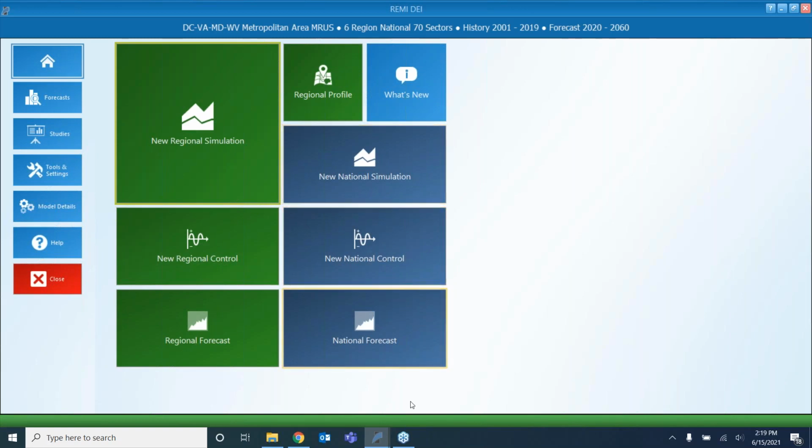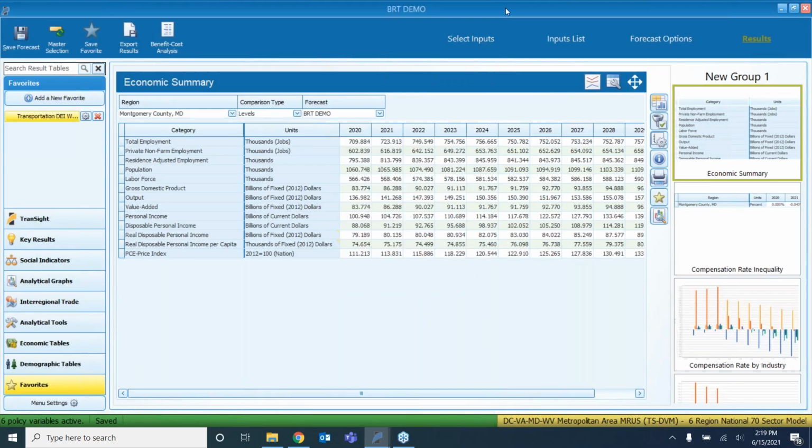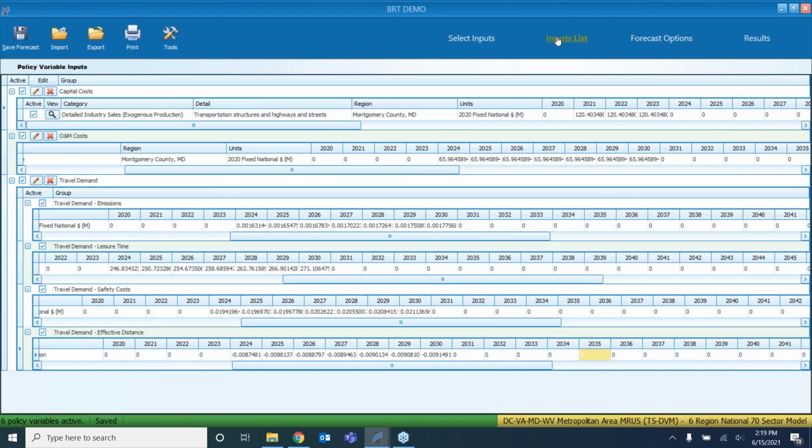So going over to our particular demo of this Montgomery County project, we'll start with the capital costs, which we've input into the model as detailed industry sales, and specific detail looking at transportation structures and highways and streets.